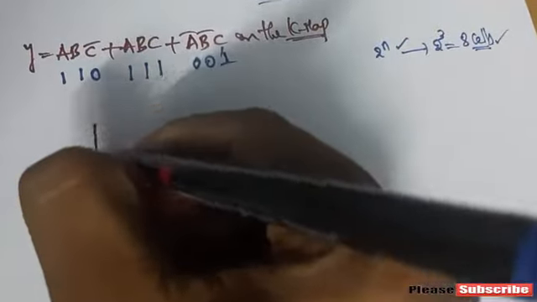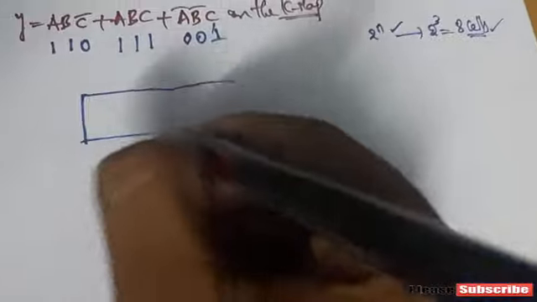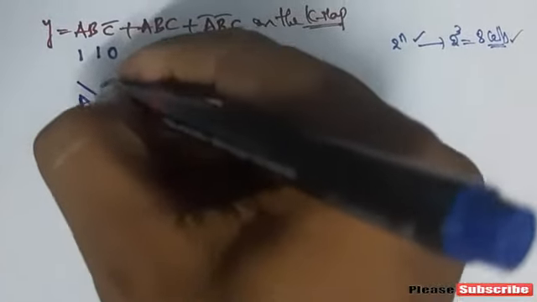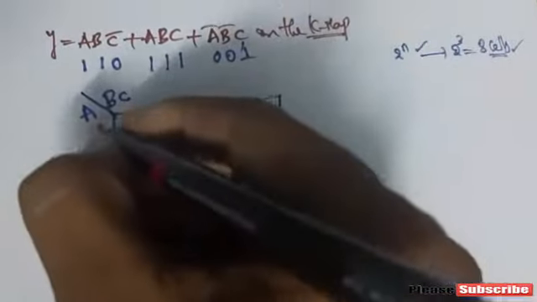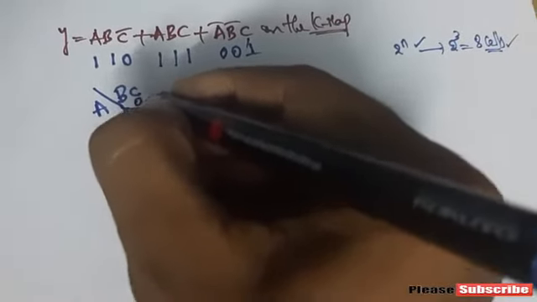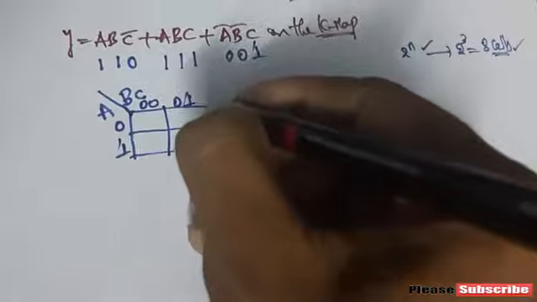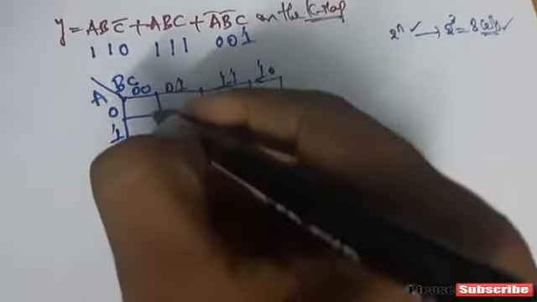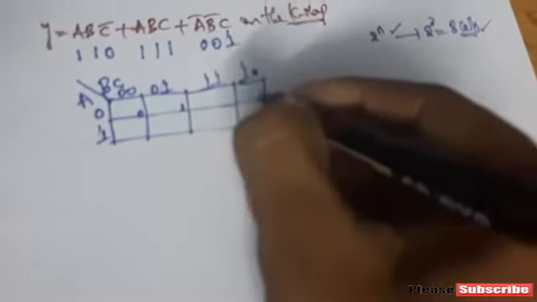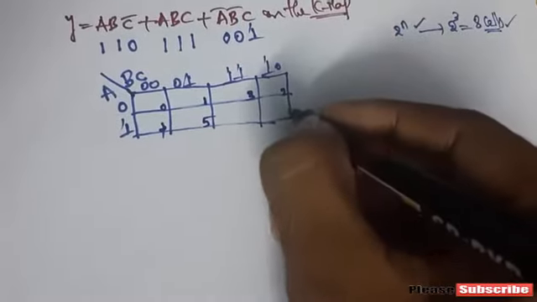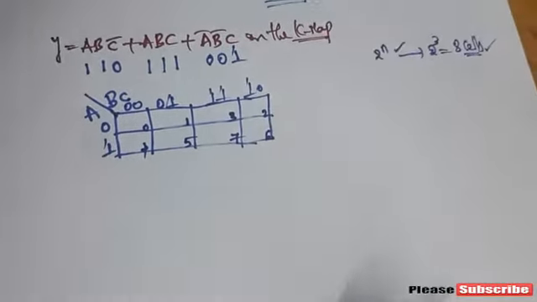8 cells, that means 8 boxes. This will be A, B, C, and 0, 1. The columns follow the Gray code sequence: 0 0, 0 1, 1 1, 1 0. The cells are numbered 0 1 2 3 4 5 6 7.